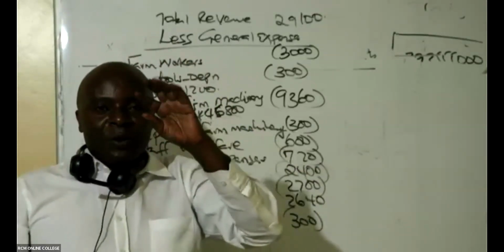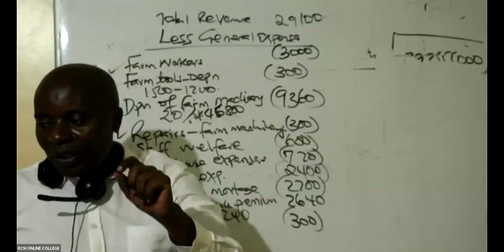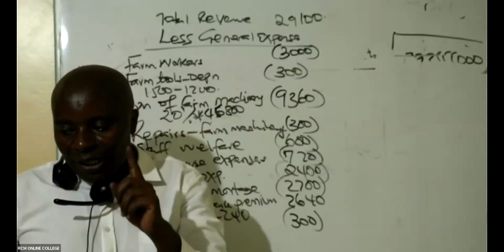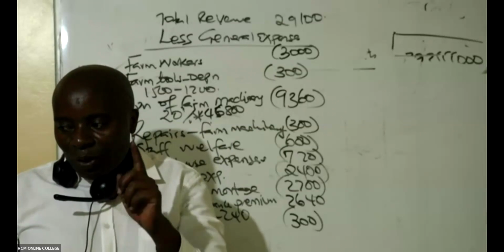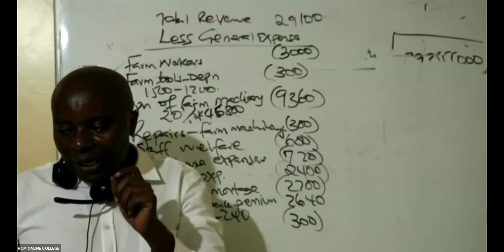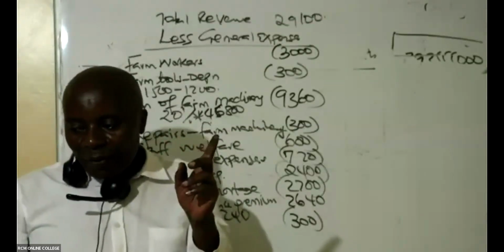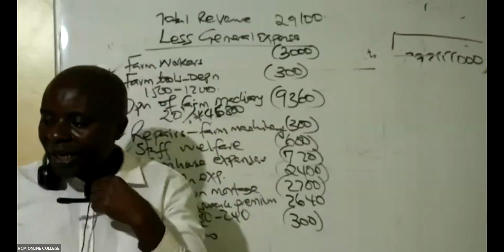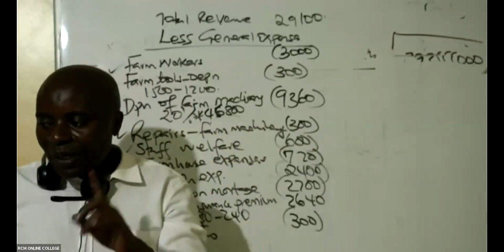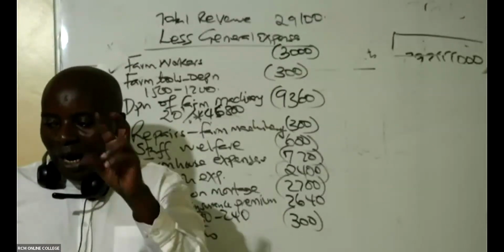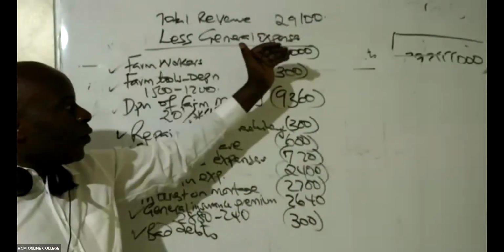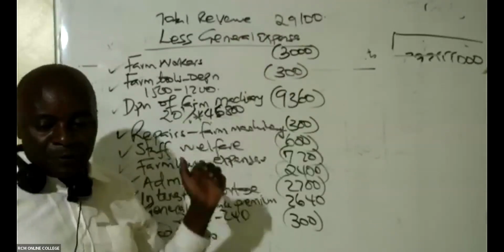Crops gave us 2,610 and livestock gave us 26,490. When you add the two, you get 29,100. I already did this for the purpose of saving space.